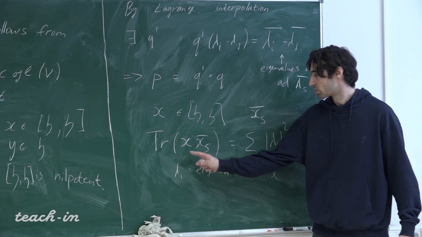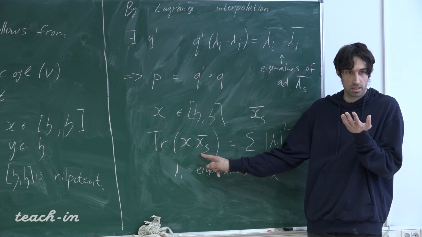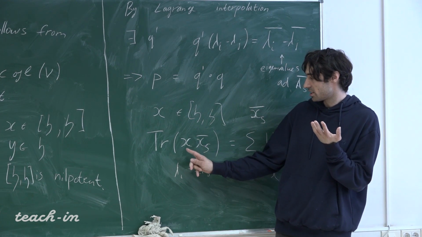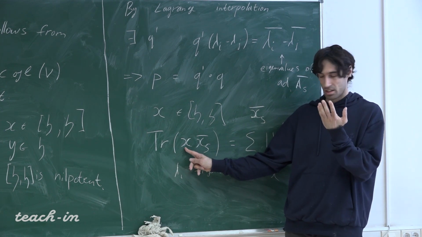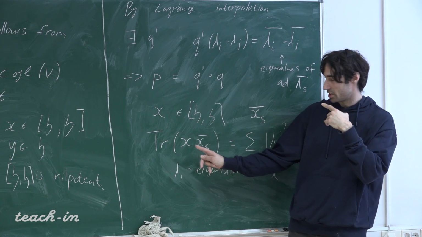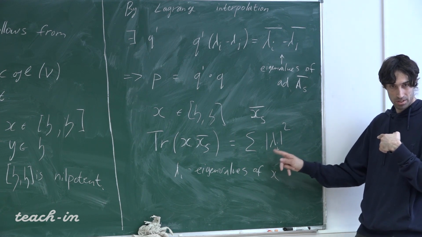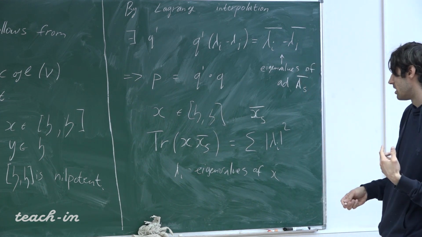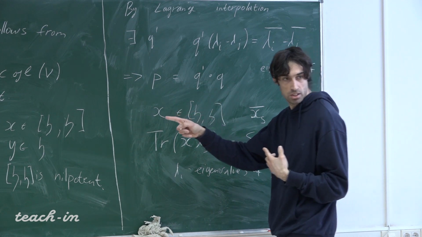So these two things, they are actually upper triangular in the same basis, right? But in this basis, this guy has eigenvalues lambda i. This guy has eigenvalues lambda i bar. So this is sum of lambda i times lambda i bar, which is absolute value squared, right? But on the other hand, by conditions of lemma, this is 0.